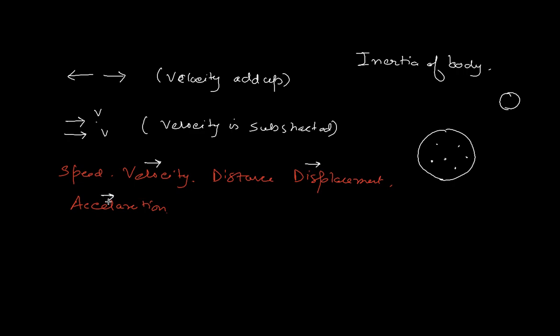Another thing is motion in 1D. If we go through the bookish definition, when a body moves along a straight line, its motion is said to be one dimensional, that is rectilinear motion.